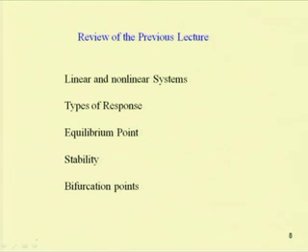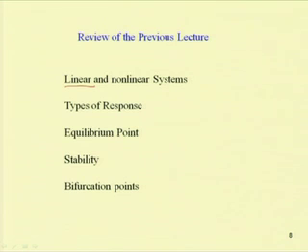If we can apply the superposition theory to the system, then it is a linear system; otherwise the system is a nonlinear system. The superposition theory has to obey the additive rule and the homogeneous rule. Both the homogeneous and additive rules can be checked to see whether the system is linear or nonlinear.